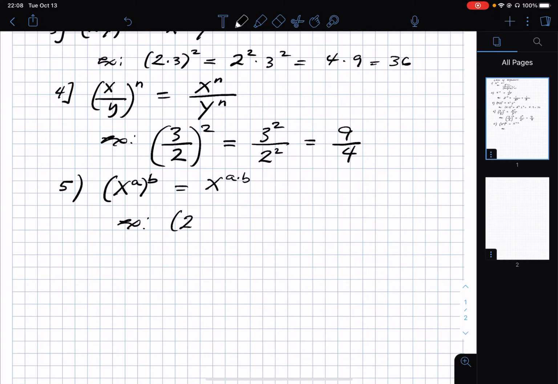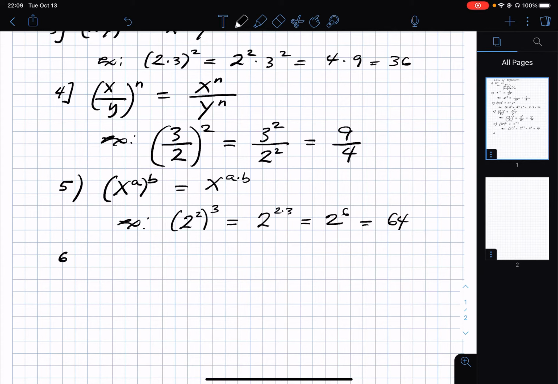Say you have (2 raised to 2), close parenthesis, raised to 3. So this will be 2 raised to 2 times 3. That will be 2 raised to 6. That's 64. Okay? That's 2 times 2 times 2 times 2, 6 times. That's 64.